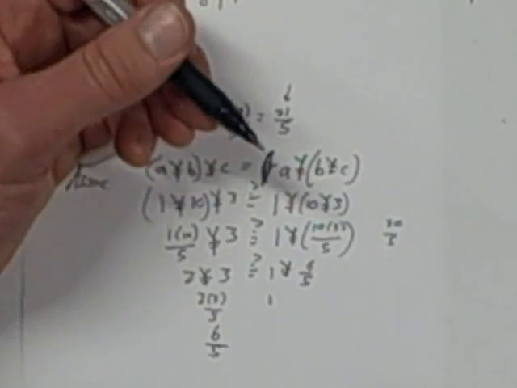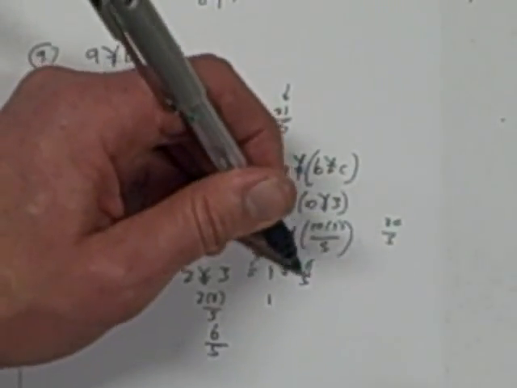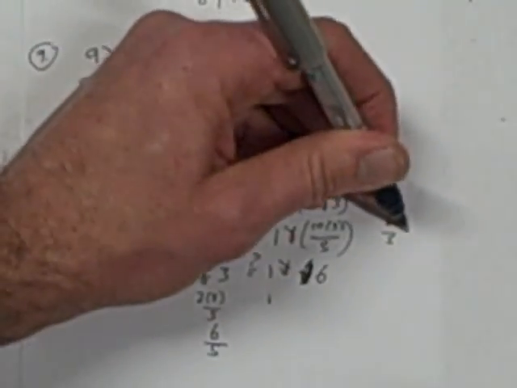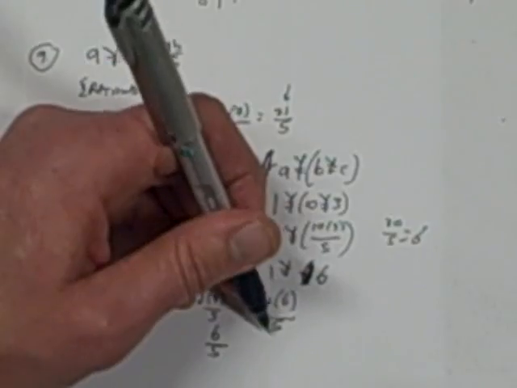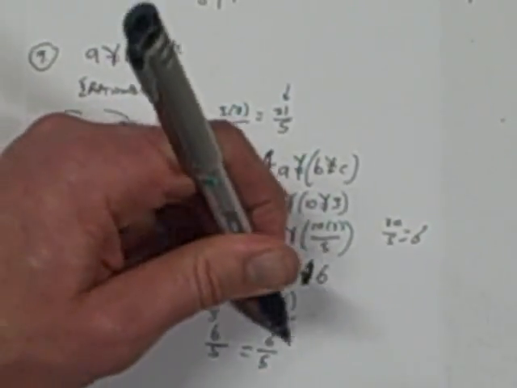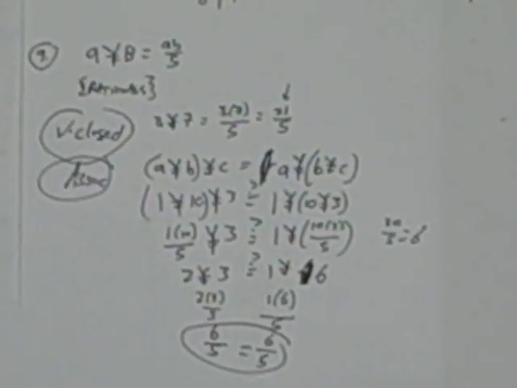Oh, yeah. Sorry, it's just 6. 1 combined with 6 would be 1 times 6 over 5. 6 times 1 is 6. They're equal. That's pretty good evidence. This does associate. It's just really multiplication. And we know that multiplication associates. Okay, we're going to keep going.